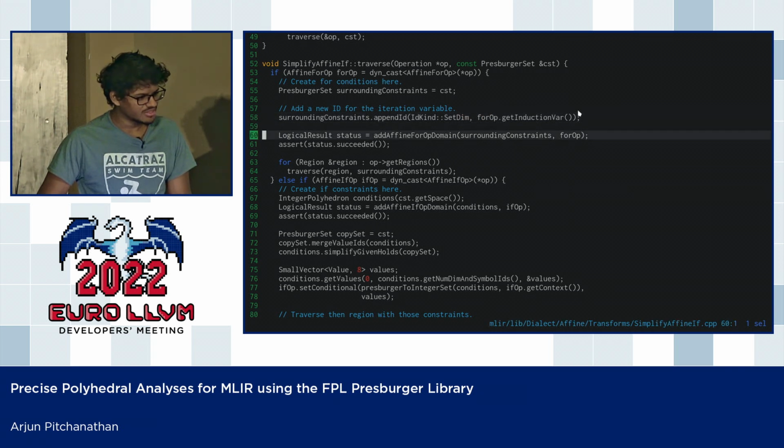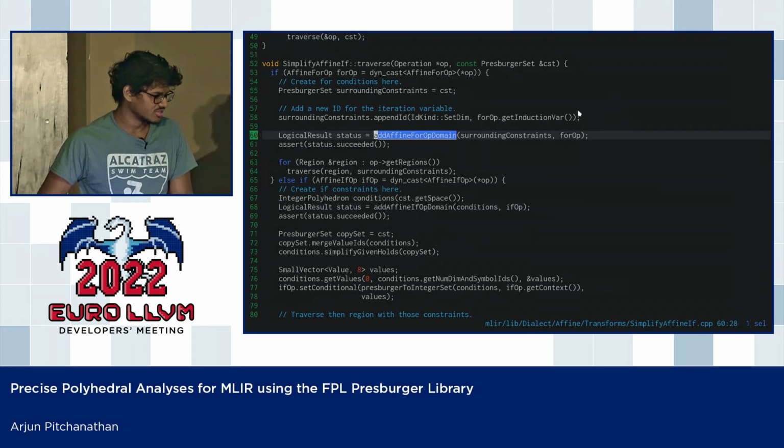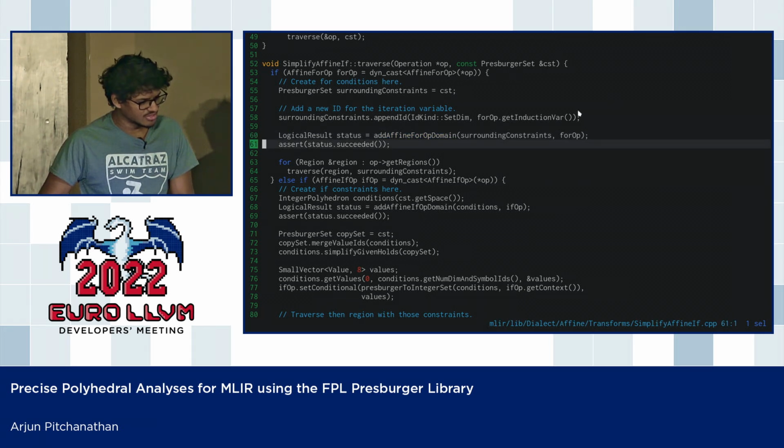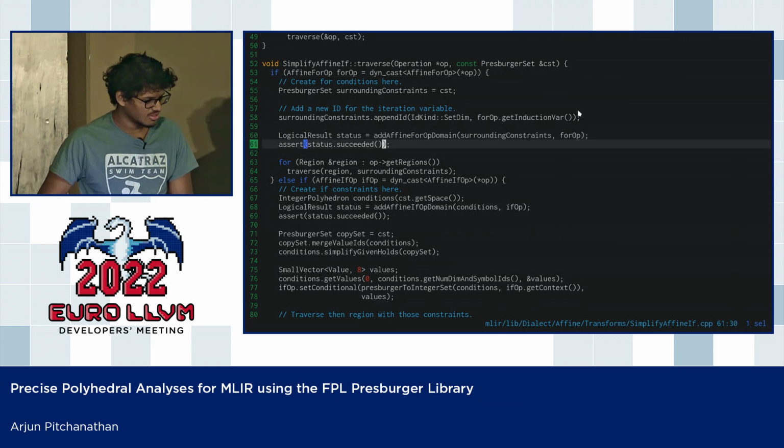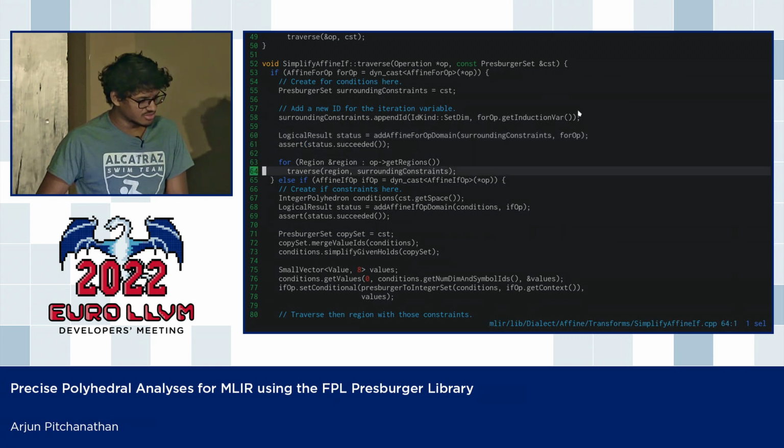We provide these helper functions to add the for constraints, in this case add affine for op domain. This will add the domain constraints of I into the surrounding constraints from the for op. And then you just traverse further.